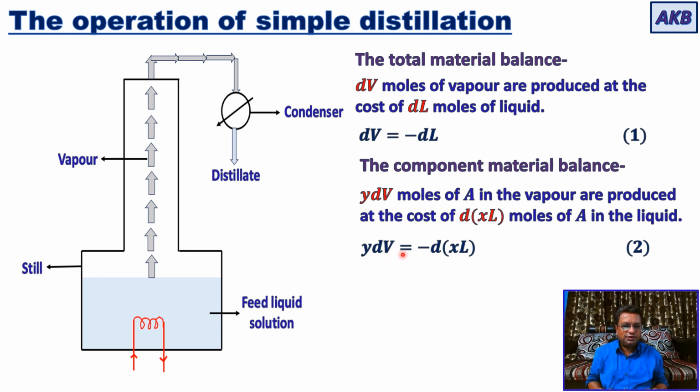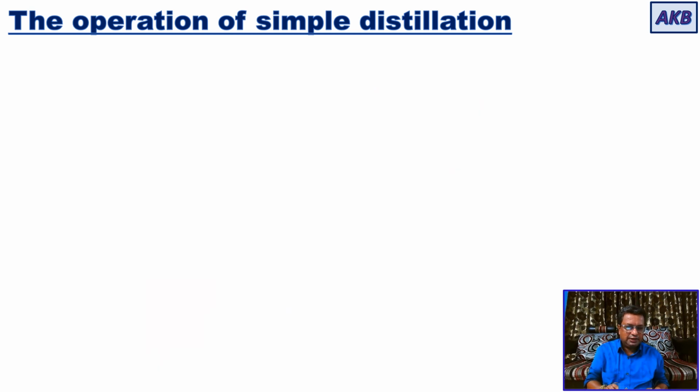So y into dV is equal to minus d(xL). Let us call this equation number 2. Now here x and L are both changing as the operation proceeds, so we need to use differentiation.